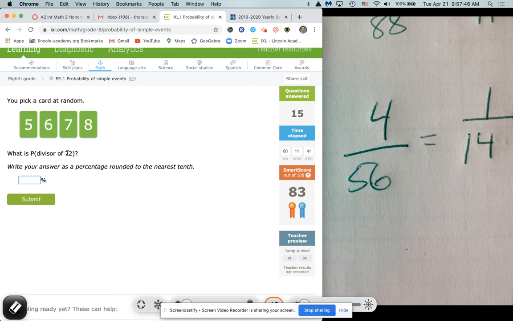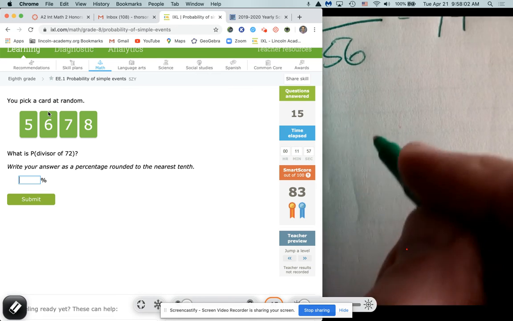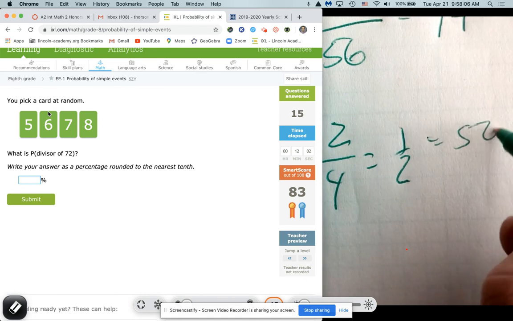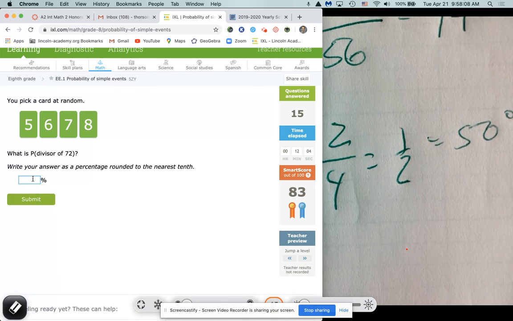Does 7 go into 72? No, it doesn't. Does 8 go into 72? Yes, it does. So we either want a 6 or an 8. Those are the only 2 that are divisors of 72. So that's 2 successful outcomes out of a total of 4. So again, 2 out of 4 reduces to 1/2, which is 50%. So I come in here and I type in 50%.